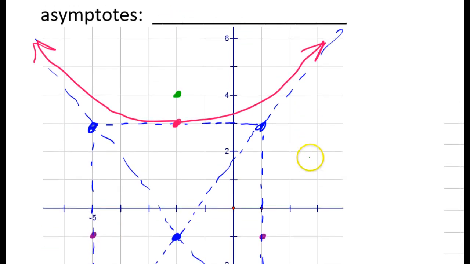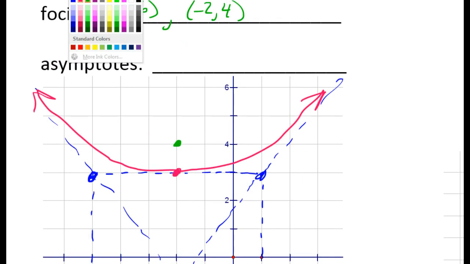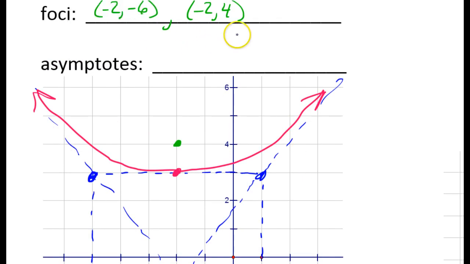The asymptotes. We need the equations. We can write one equation that will capture both asymptotes. And here's how it works. We can use the following model for the asymptotes always. We can do y minus k is equal to plus or minus m times x minus h, which is just the point-slope form of a linear equation, where we can plug in a point and the slope, and then we have an equation.